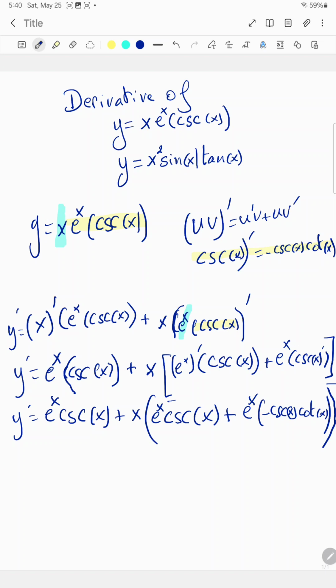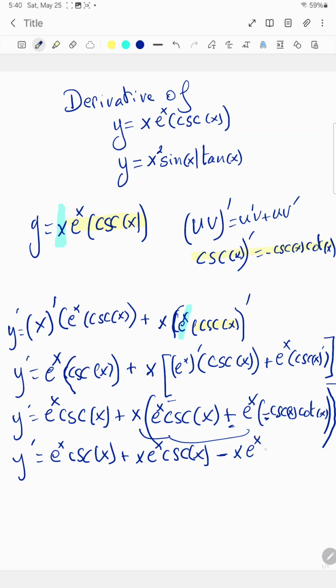And then let's get rid of the parentheses here. So y prime is equal to e^x cosec of x plus x e^x cosec of x. I'm multiplying this by this, and I will multiply this by that. And then here minus times plus is minus x e^x cosec of x cotangent of x.